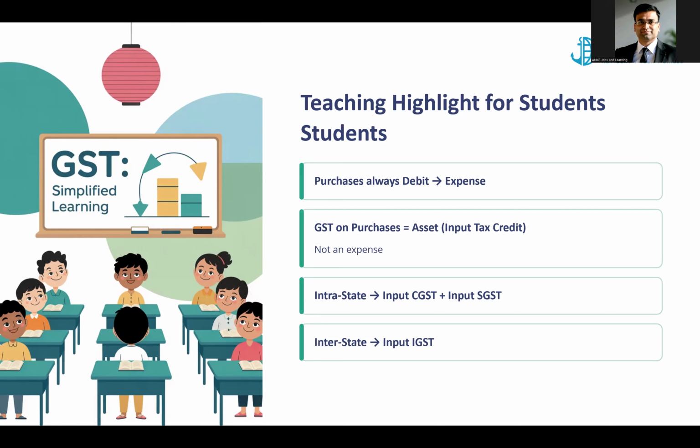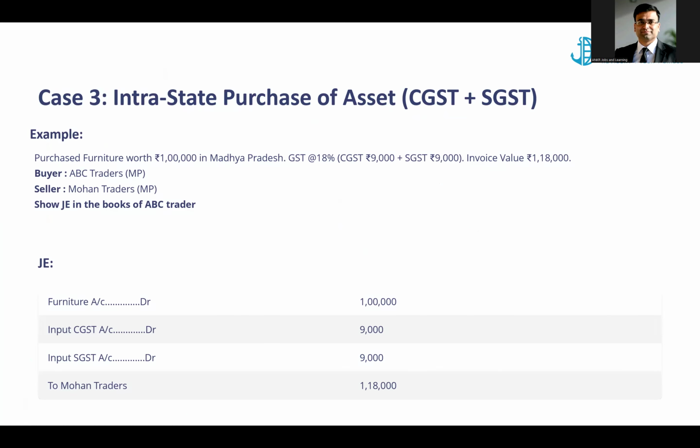So let's say the GST rate is 18% in our case, and it's an intra-state sale. So you will consider 9% as CGST, 9% as SGST. If it is interstate sale, then the entire 18% will be considered as IGST, right? Okay, let's move on. We have considered purchase of goods.